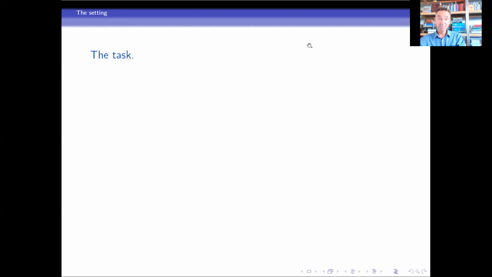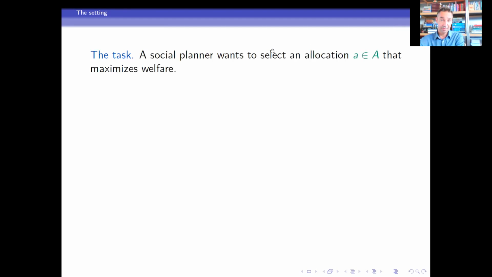And so that is one thing. And what are we now supposed to do? Well, what we are supposed to do is to maximize what is called welfare. And how do we measure that? Well, we measure that in this specific case by summing up all the valuations of all the agents.